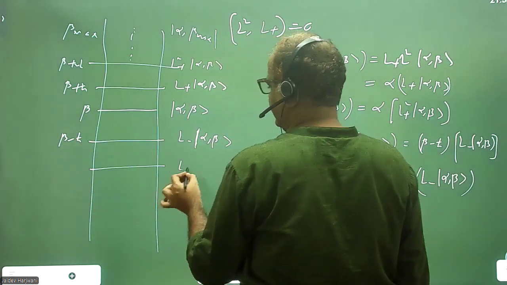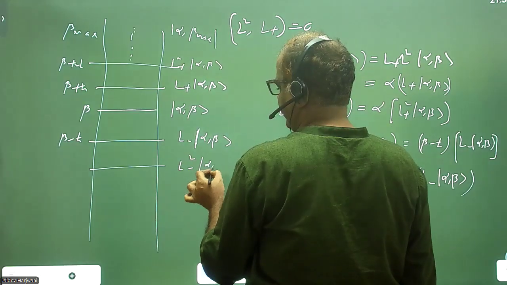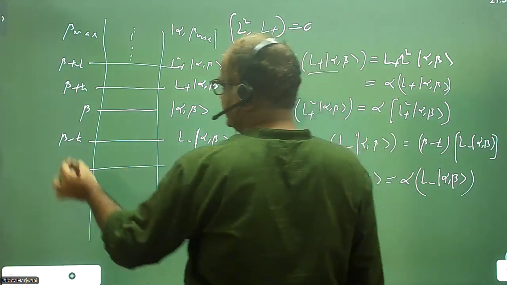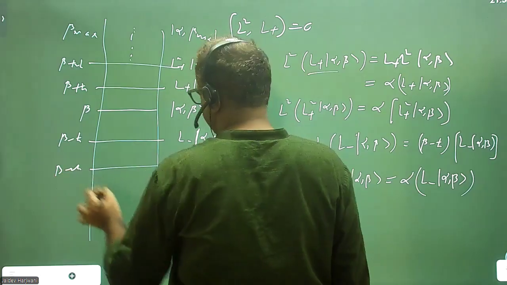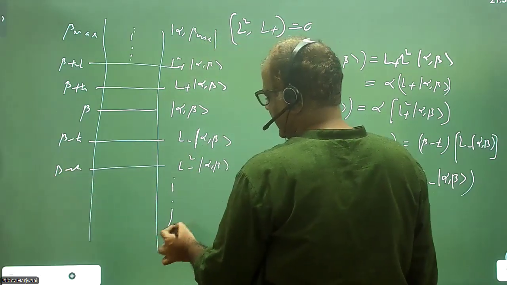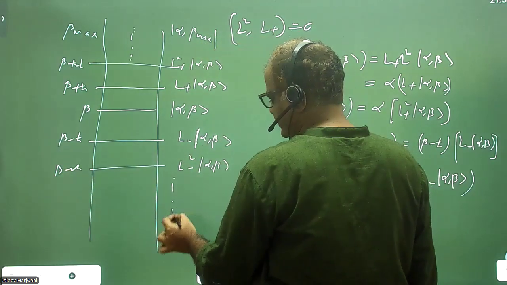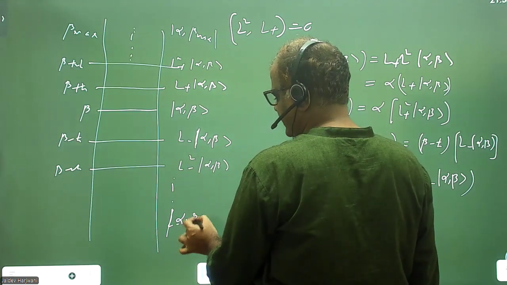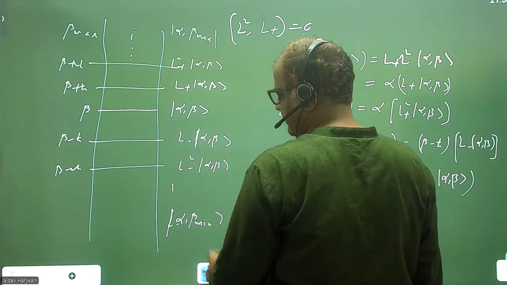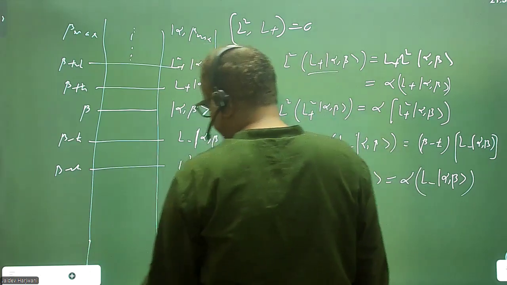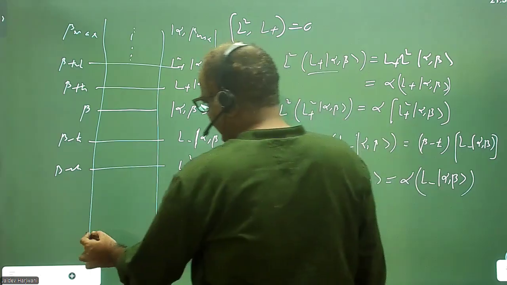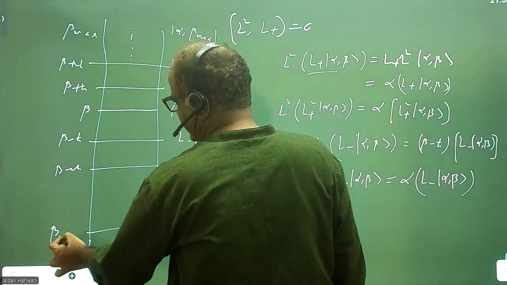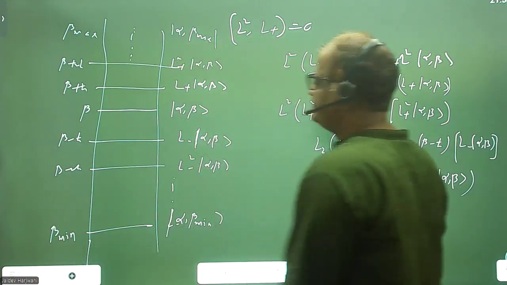If I operate L minus on the state alpha beta and measure Lz, it will be beta minus 2h cut. If I keep on moving, I will reach some state alpha where beta cannot decrease any further, beta minimum. Here I say my eigenvalue is beta minimum.